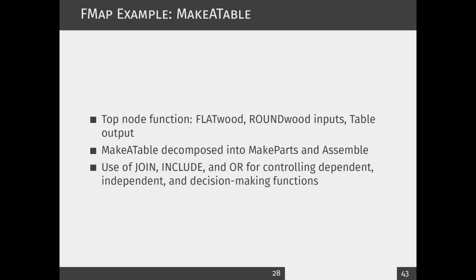That's how we start identifying the primitive structure, because when you say a table, you need to first make parts, that means the top and the legs, and then you need to assemble. And then you have different decision-making functions. You have seen we use join, we use include, and in some places we have seen OR as well, right? So these are what we call decision-making functions that we have considered in our maker table example.